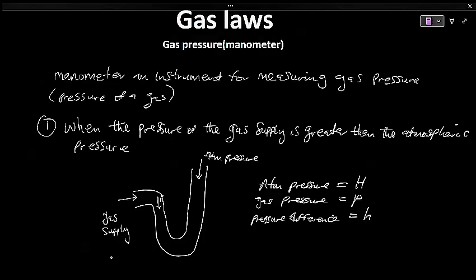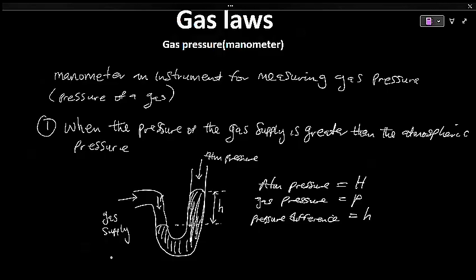When this is filled with mercury, remember in this case the pressure of the gas is higher. So the mercury on the atmospheric limb will be higher, because when the pressure of the gas exerts on the mercury, the mercury will rise on the other limb. This gives the pressure difference, which we call small h.